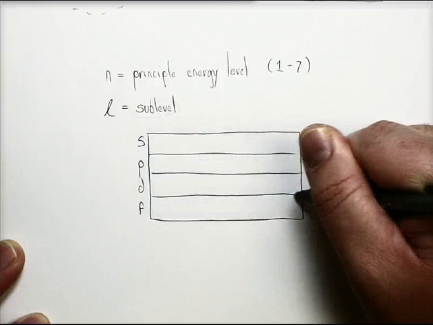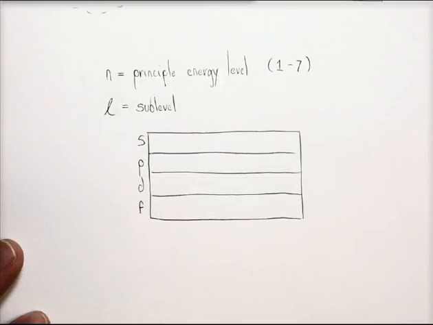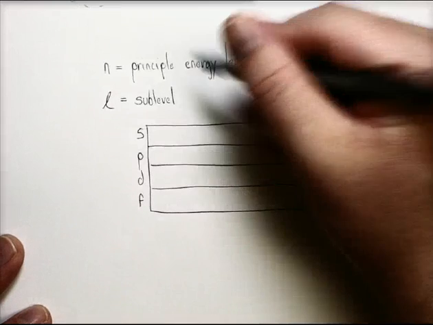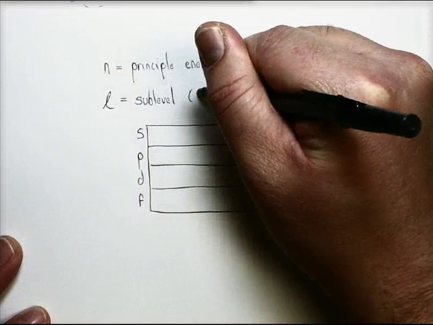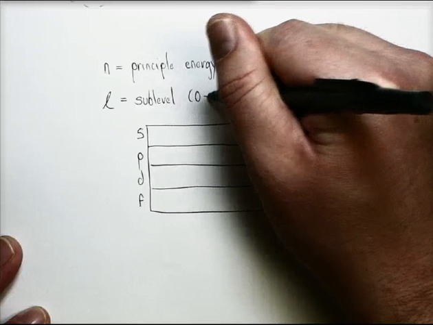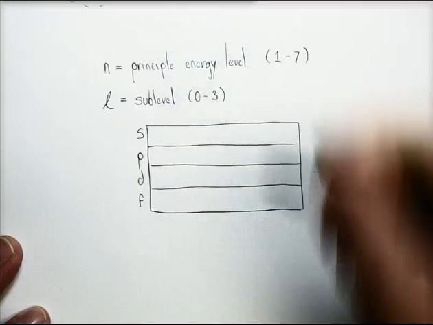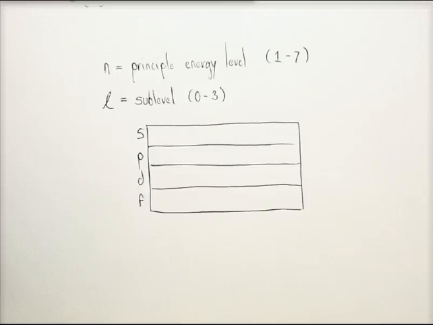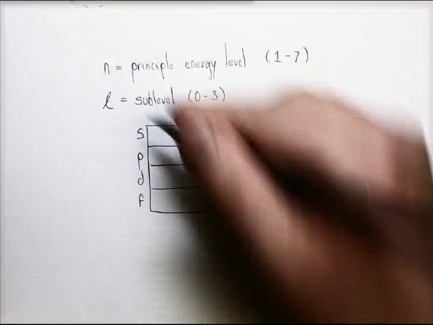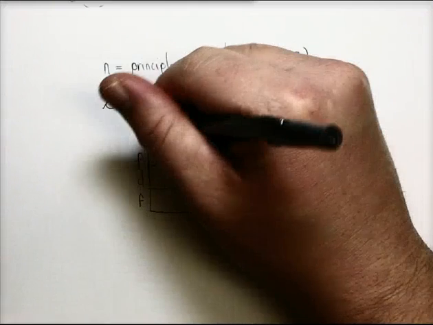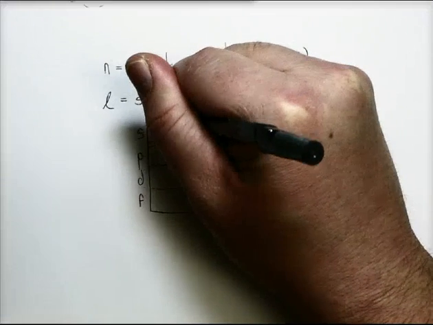All right, so first, the number for the sublevels can have any value between 0 and 3. Again, we can get higher than that, but we're not going to deal with that much at all. Each one of these, S, P, D, and F, gets its own number.